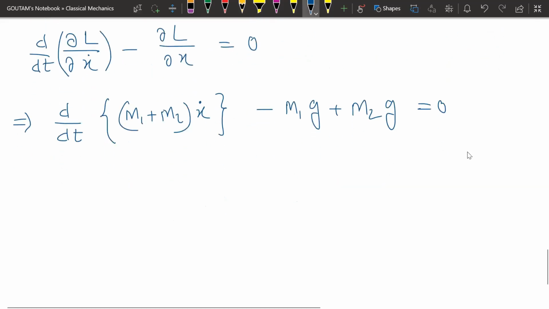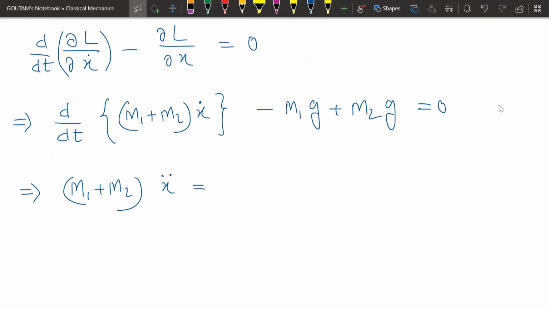Now what is d/dt of (m1 plus m2) x dot? m1 plus m2 is constant, so it will be (m1 plus m2) x double dot. So (m1 plus m2) x double dot equals (m1 minus m2) g.